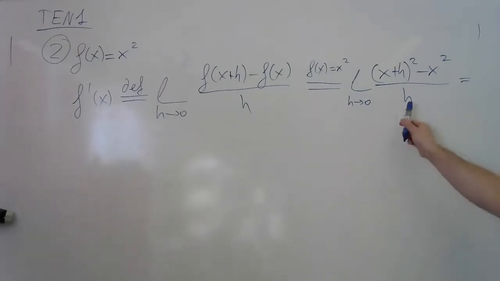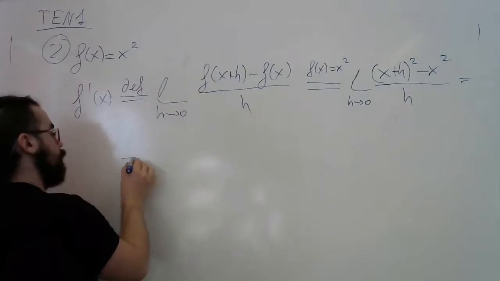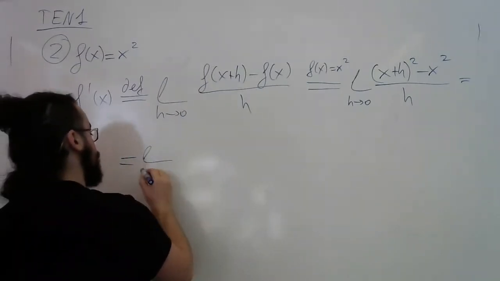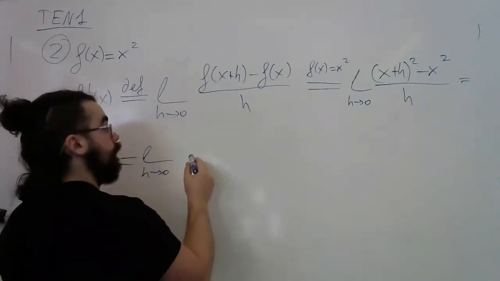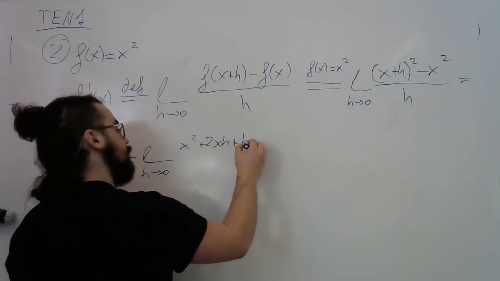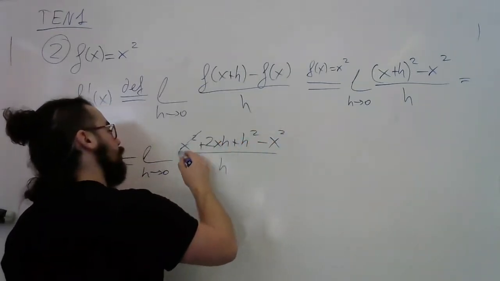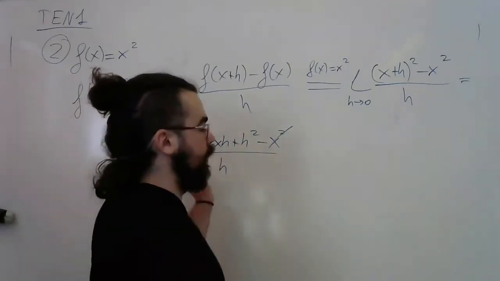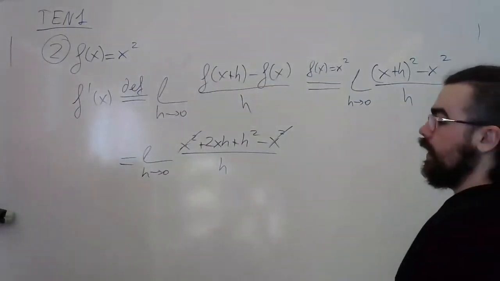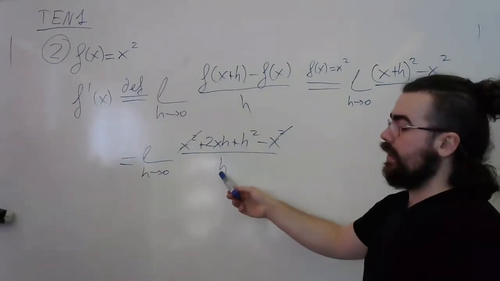Okay. Since we're dividing here, this looks a bit weird, so let's expand this perfect square and see what happens. Here we have the limit when h tends to 0 of x squared plus 2xh plus h squared minus x squared. This term and this term cancel each other out. And what we have here is h multiplying two things, and it's dividing as well.